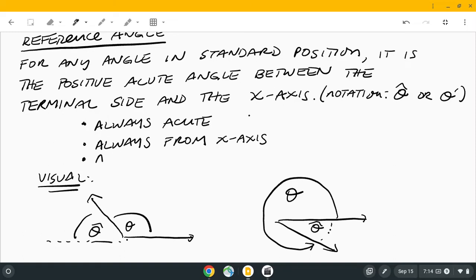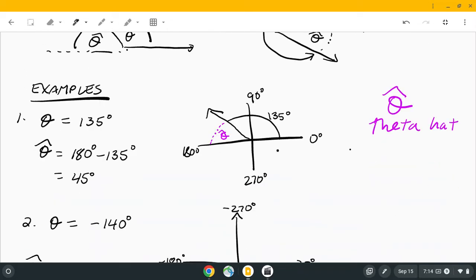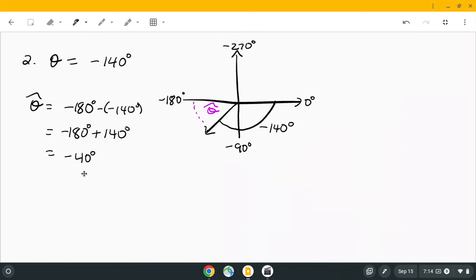It is always positive. So over here, it's not negative 40, but positive 40.